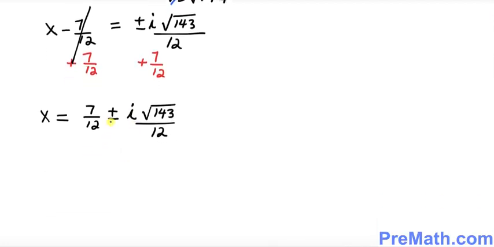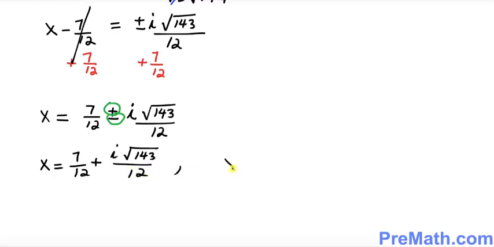Or if you want to, you can split them up along these positive and negative signs. You can do so as well. So I can put down x equals 7 over 12 plus i square root of 143 divided by 12, and the second solution is x equals 7 over 12 minus i times square root of 143 divided by 12.